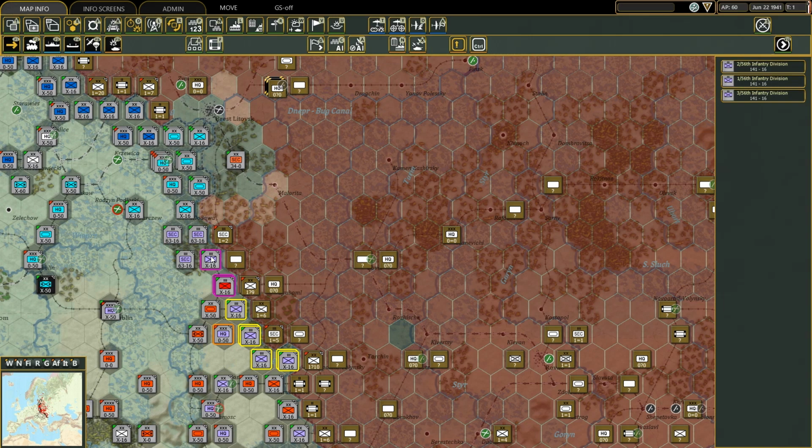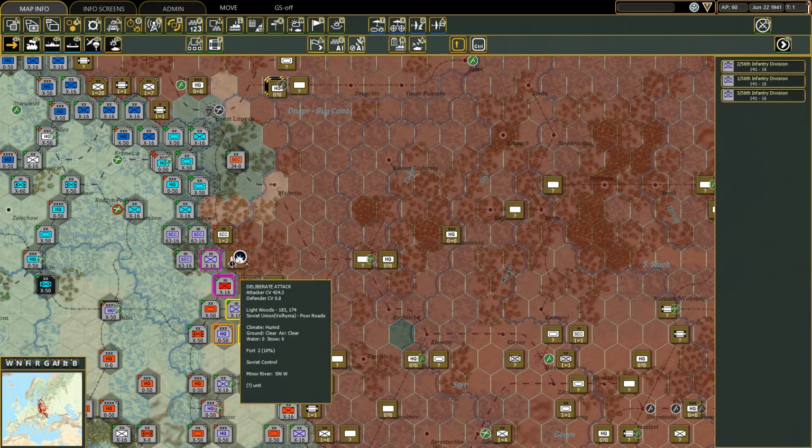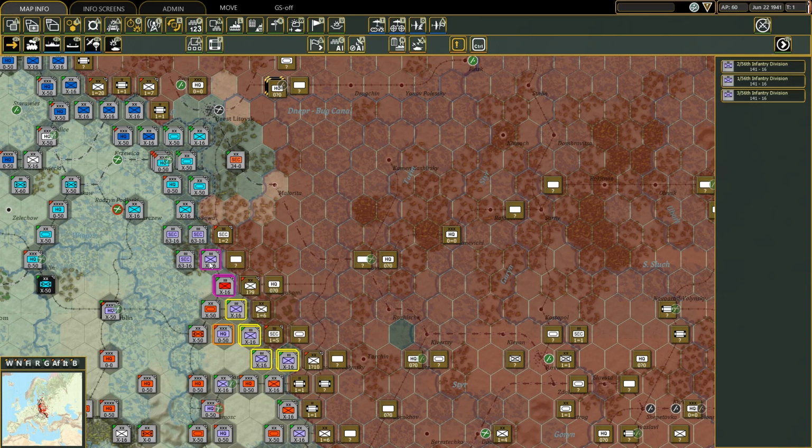You have to press shift, and then move the mouse over the other hexes from which you want to launch the attack. Like in this case, I have included the 3 regiments of the 56 infantry divisions, and when I press shift on this hex, I can launch a deliberate attack from 2 different hexes.